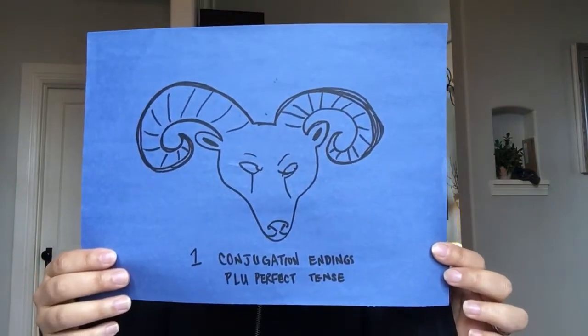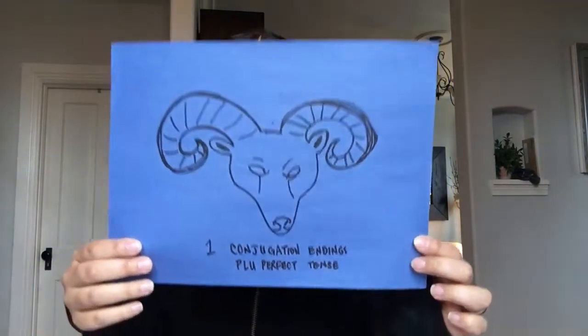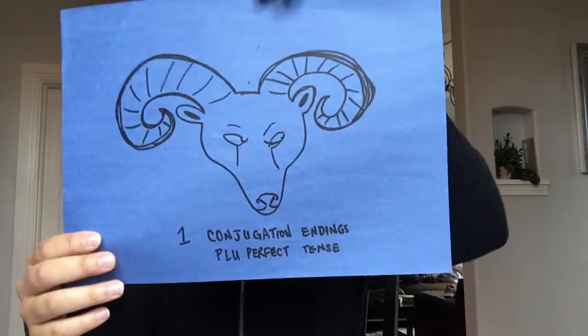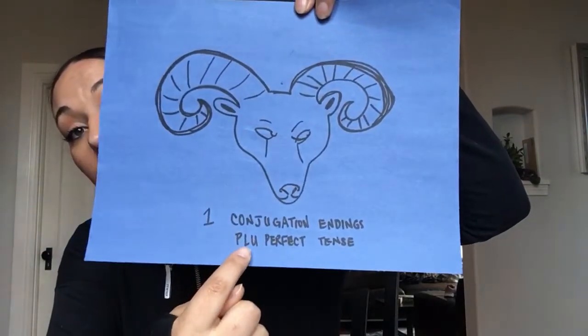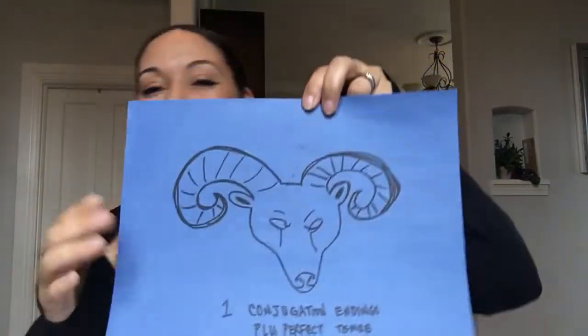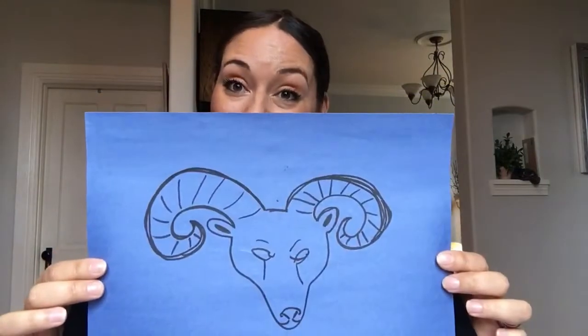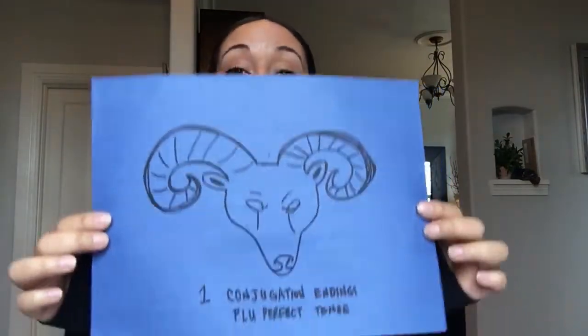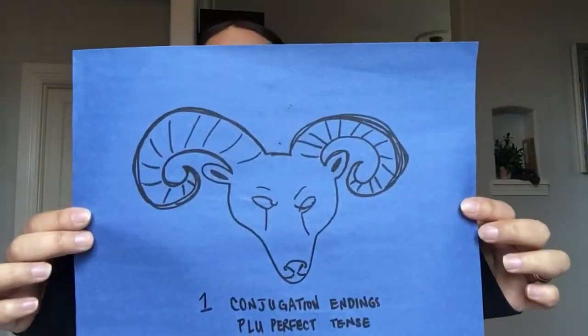Aram, eris, erat, eramus, eratis, erant. First conjugation, pluperfect tense. So this is not a perfect ram, but it is our pluperfect tense. Hopefully our blue ram helps us to remember that our pluperfect tense starts with a ram.